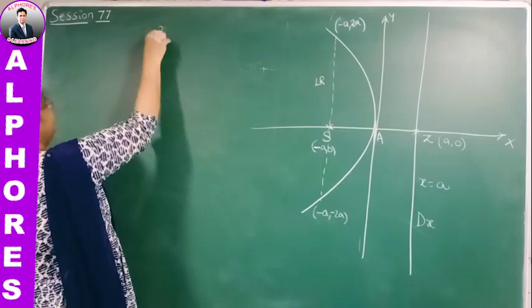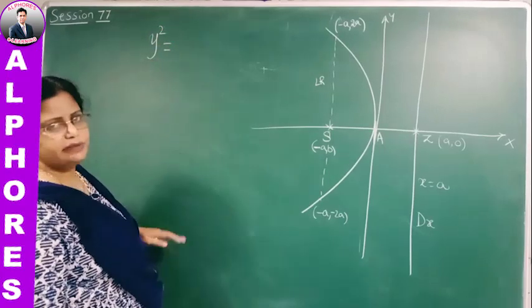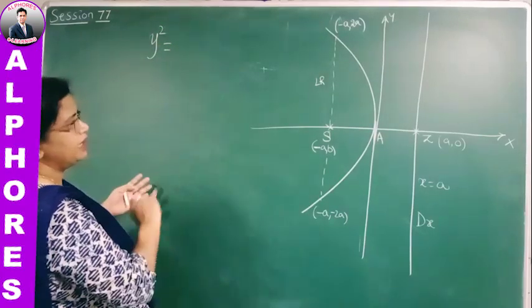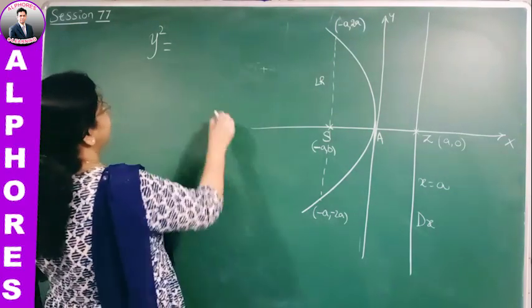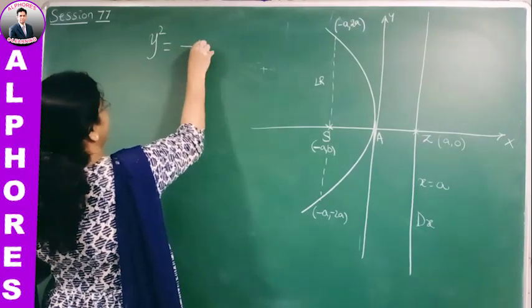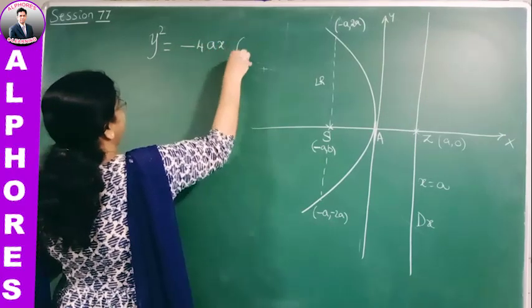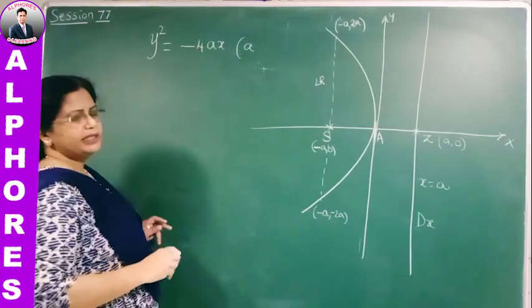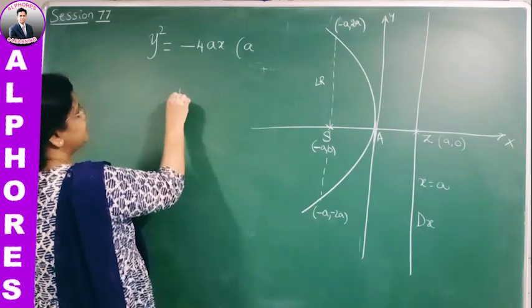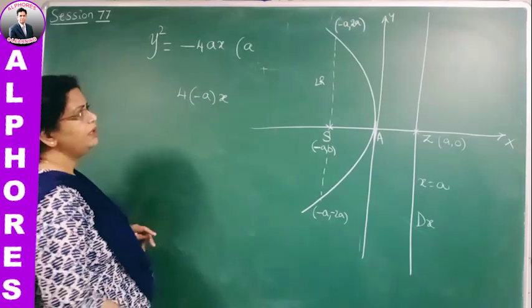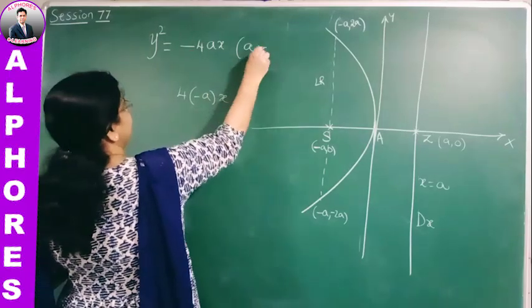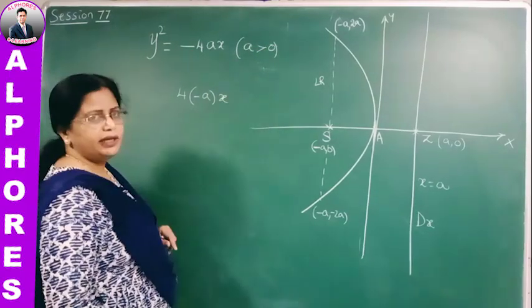Y square equal to how much here? 4ax is actually the standard form, but I have just taken the curve this side. Once I have taken the curve this side, this is nothing but minus 4ax, students. Always minus 4ax means a is not negative. Don't understand it as 4 into minus a into x. This is wrong. Okay. So it is minus 4ax, meaning a must be greater than 0.